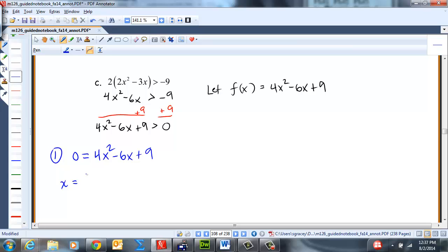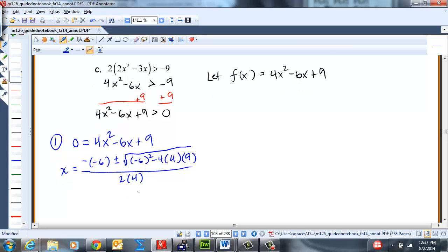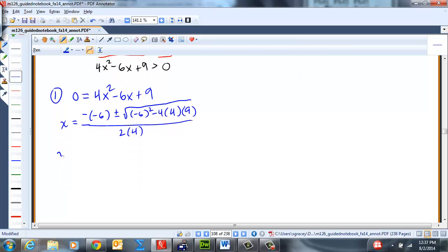So x is equal to the opposite of negative 6 plus or minus the square root of negative 6 squared minus 4 times 4 times 9 all over 2 times 4. So x will be positive 6 plus or minus the square root of 36 minus 144 all over 8.